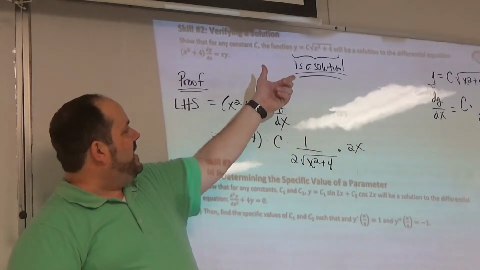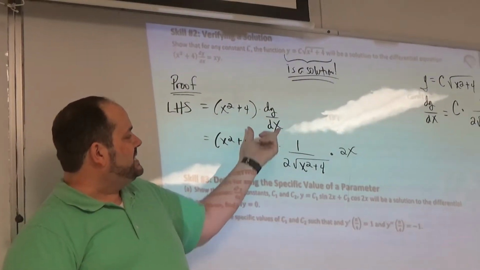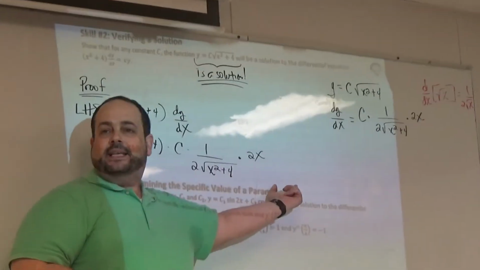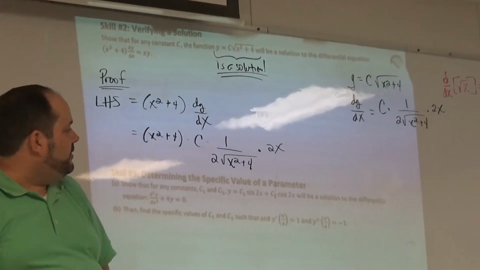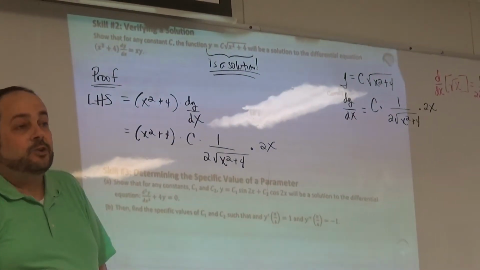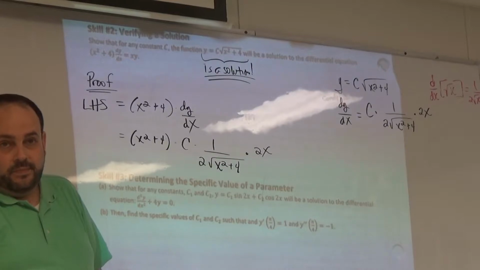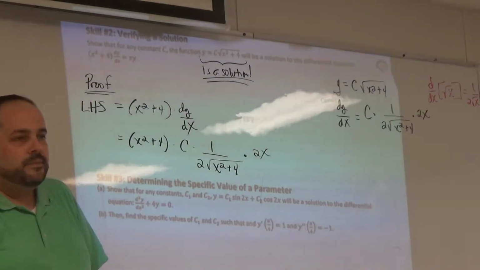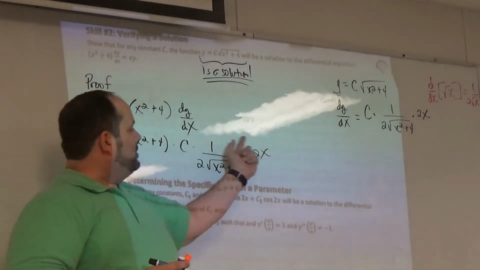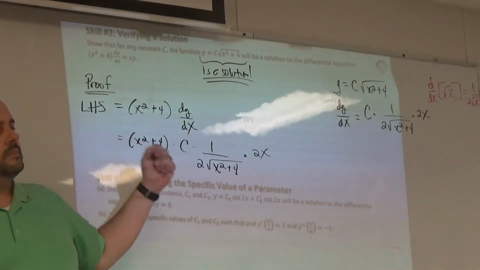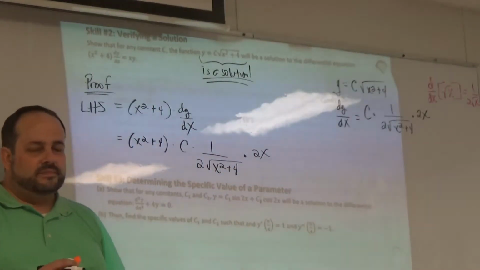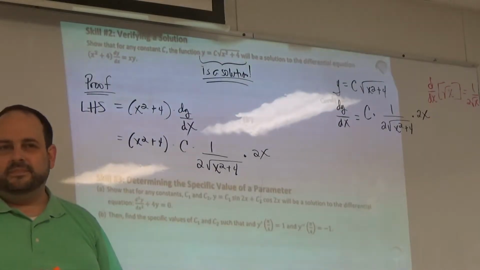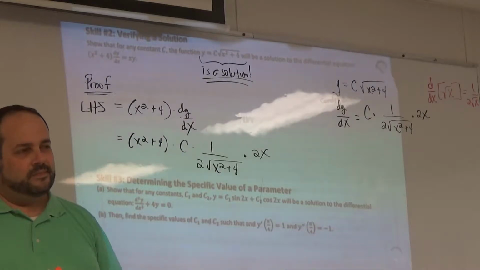I'm plugging that value into the left-hand side and working this out, looking for some good, clever algebra. Where's the clever algebra? Any legal things that we can do with this expression? Nobody sees it?